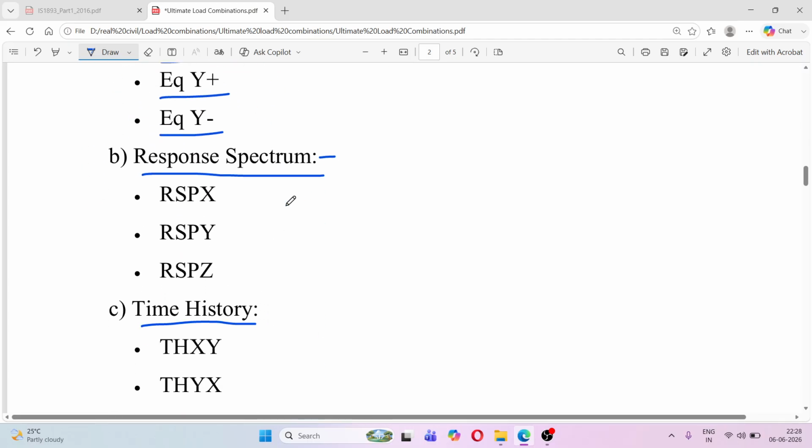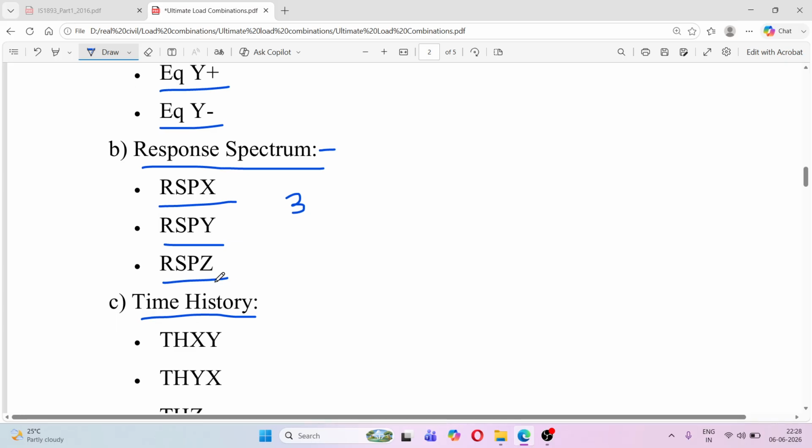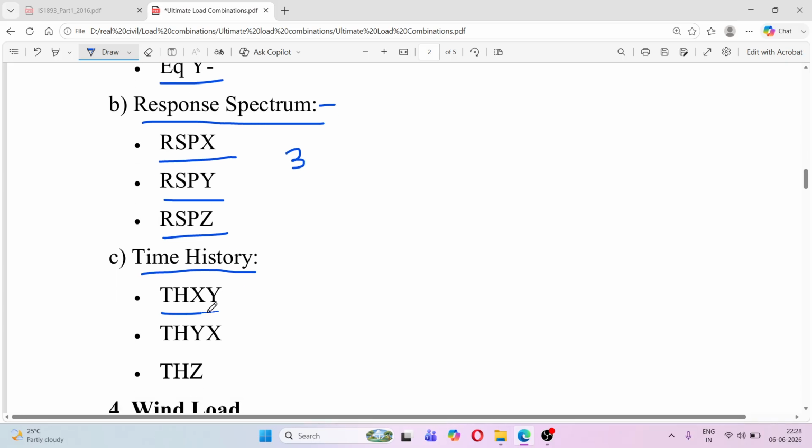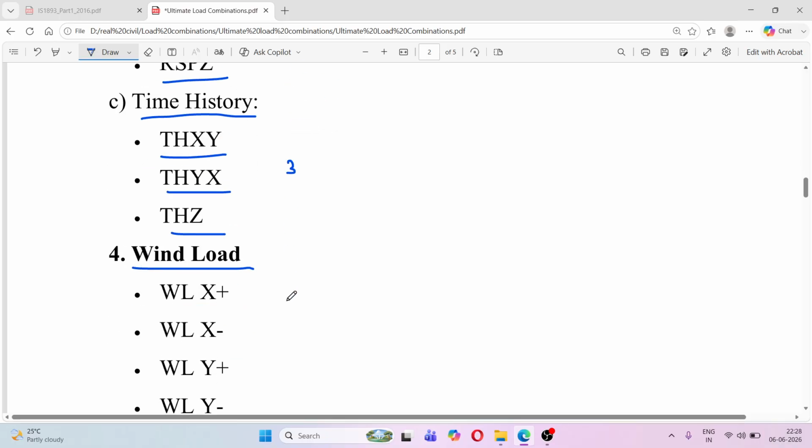In response spectrum, there will be three cases: response spectrum X, response spectrum Y, and response spectrum Z. There is no negative case because it includes the negative direction in analysis. I am not going into that detail, but there will be three cases. In time history, again there will be time history X, time history Y, time history Z, so again three cases.